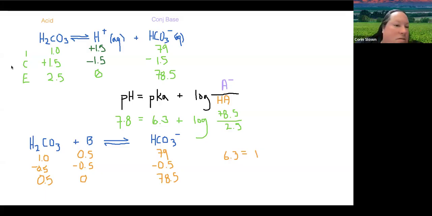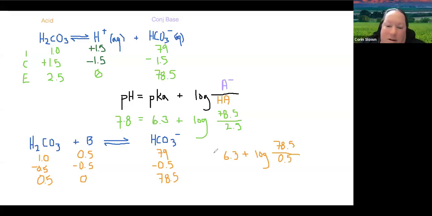oh, sorry. Let's fix that. pH equals 6.3 plus the log of 78.5 divided by 0.5.